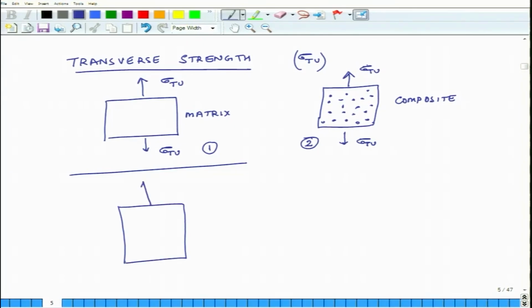So, suppose you have a simple matrix material and I apply some force F, and it is a matrix material which has a square or rectangular cross section. Then the stress, let us say along this cross section, is uniform, and this is equal to F over A, where A is the cross sectional area of this material.